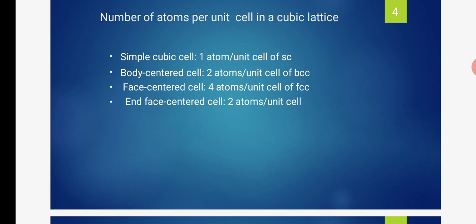The contribution is 1 atom per unit cell of the simple cube. Body centered cell: 2 atoms per unit cell of BCC. Face centered: total 4 atoms are contributed per unit cell, and end centered or end face centered cell: totally 2 atoms are fully contributed.